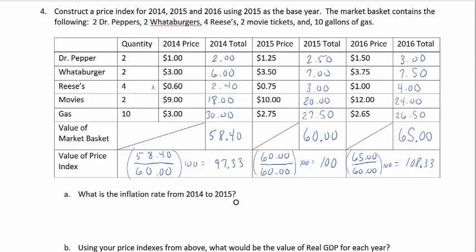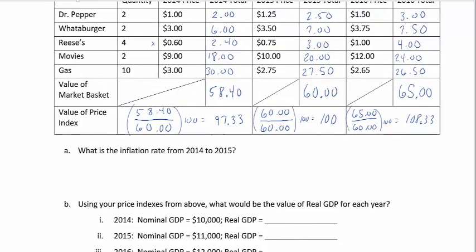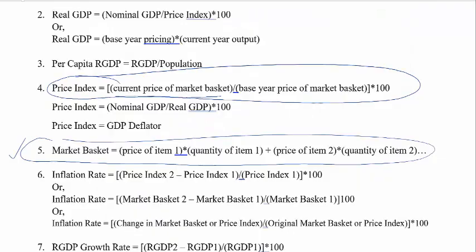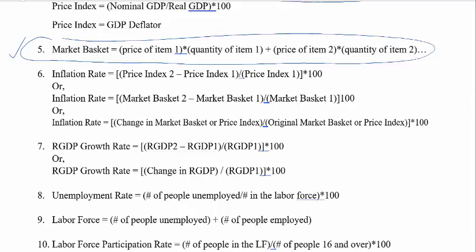Now, we can use the price index or the market basket to calculate the inflation rate. So let's go back and review that formula. So inflation rate is number 6 here. You can take price index number 2, subtract price index number 1, divide by price index number 1, and then multiply by 100. Alright, that's one way.